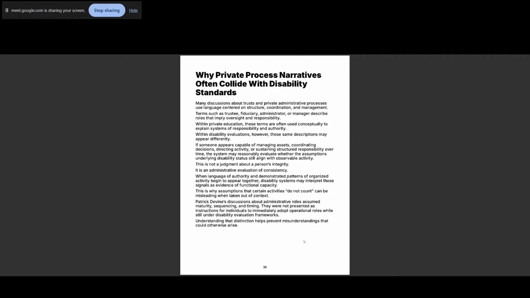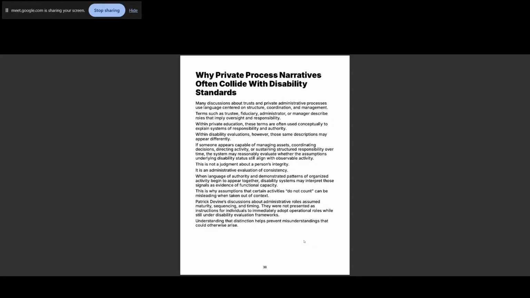Why private process narratives often collide with disability standards. Many discussions about trusts and private administrative processes use language centered on structure, coordination, and management. Terms such as trustee, fiduciary, administrator, or manager describe roles that imply oversight and responsibility. Within private education, these terms are often used conceptually to explain systems of responsibility and authority.